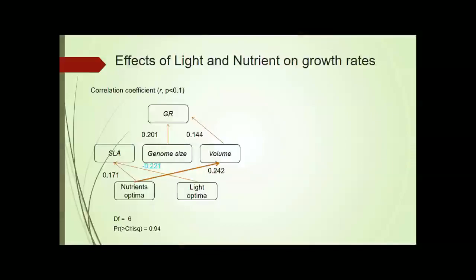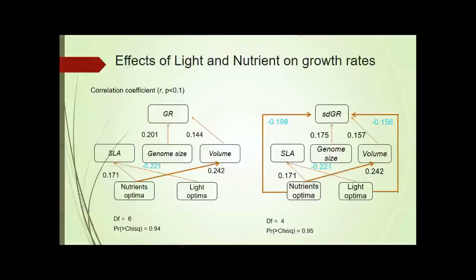From here, we can say the nutrient optimum has indirect effects on growth rates, meaning plants which prefer rich habitats will support a big volume size and then have higher absolute growth rates. What about the standardized growth rates? We got the same result.